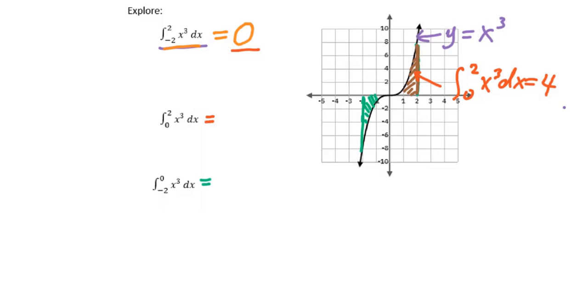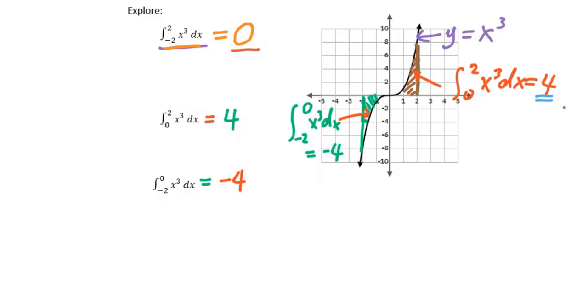For this definite integral from -2 to 0 of x third power dx, when you put it into a graphing calculator, you will get -4. In other words, for a continuous positive function, the definite integral is a positive value.